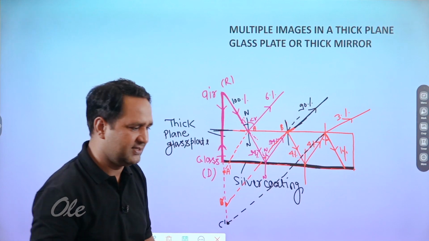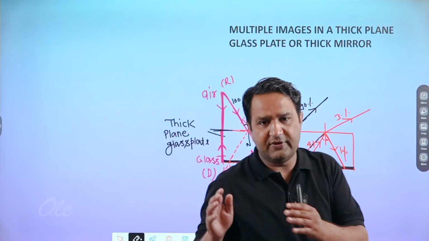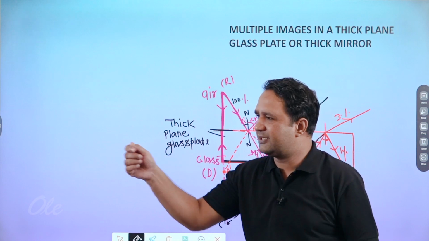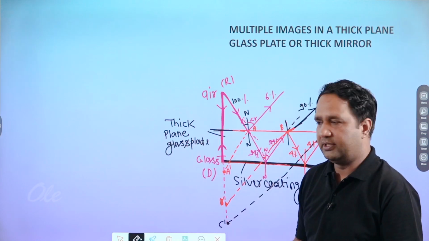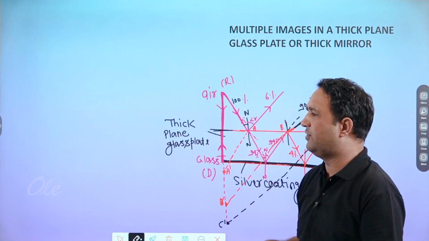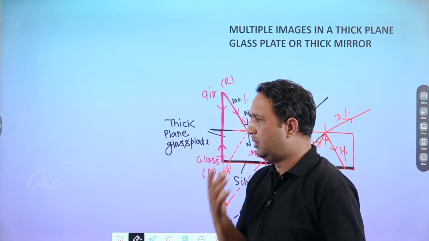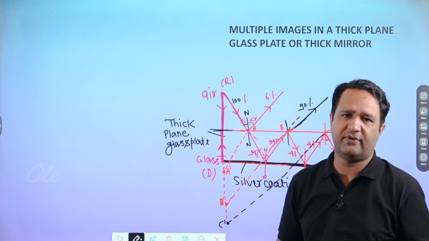Have you ever realized that if there is a room and there is a transparent glass door, then if you see through the door, you will get two types of images.